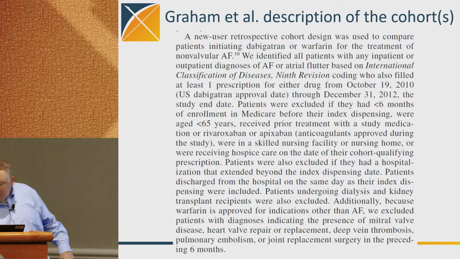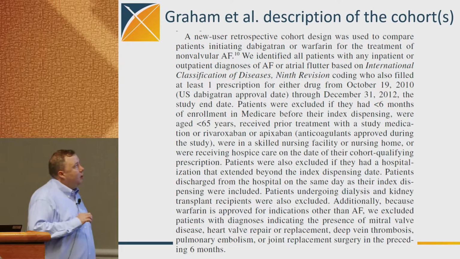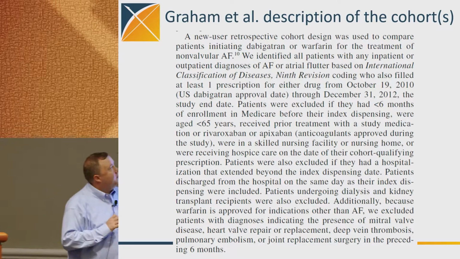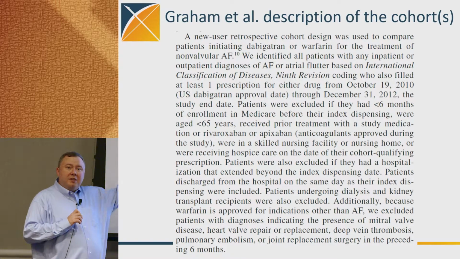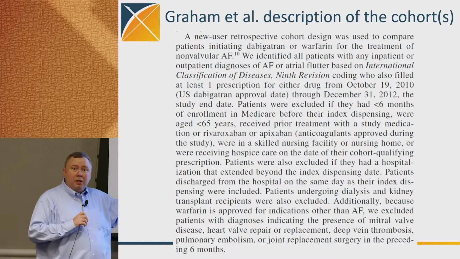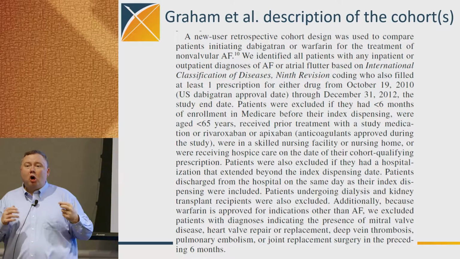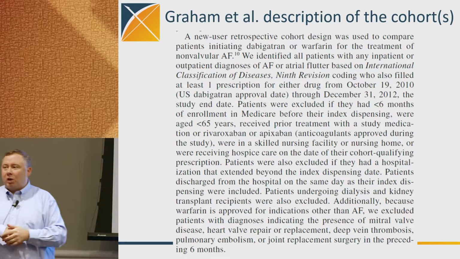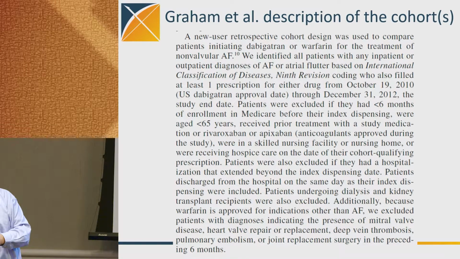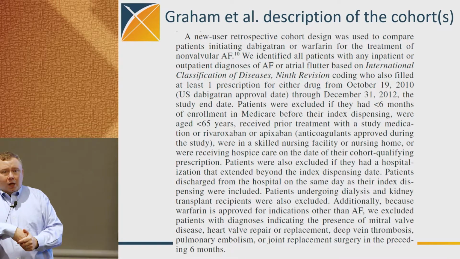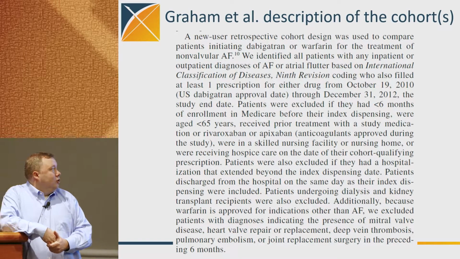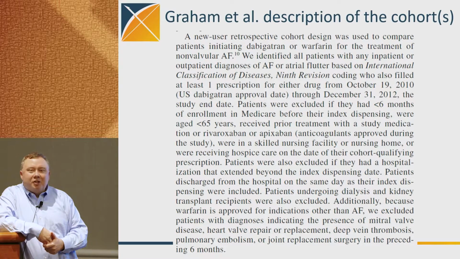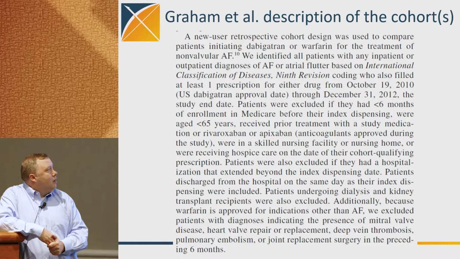Now, in the interest of time, I'm not going to make you read this blob of text, other than to say there is a blob of text in this paper that describes all of the criteria that qualifies the exposure cohorts. And if you look through that blob of text, you'll see there are lots of complex words and lots of commas because it's a big long run-on sentence.